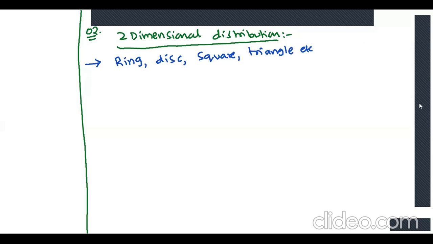Suppose let us consider a ring. It is charged to Q. That means positive charge lies on its outer surface and negative charge lies inside the surface.